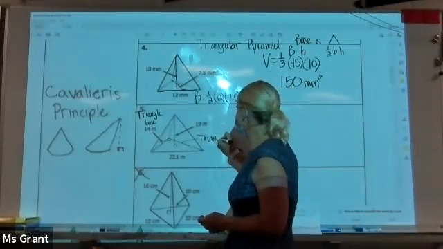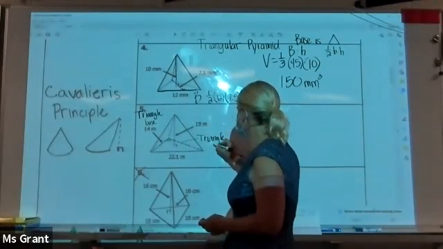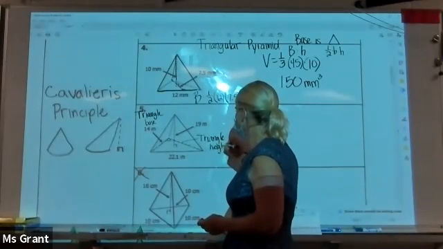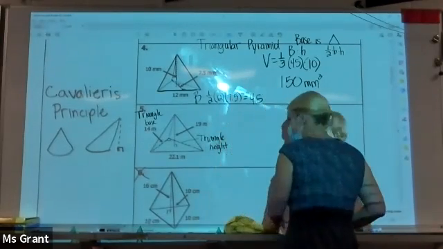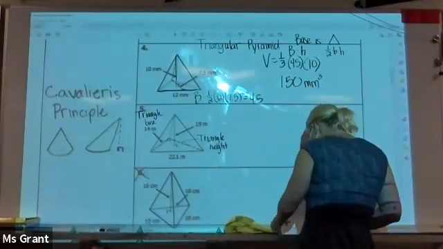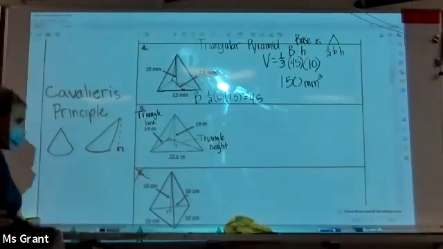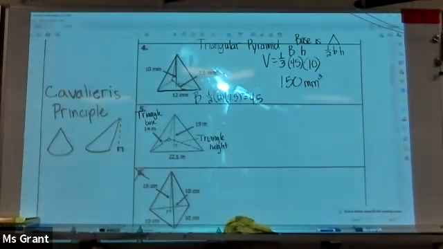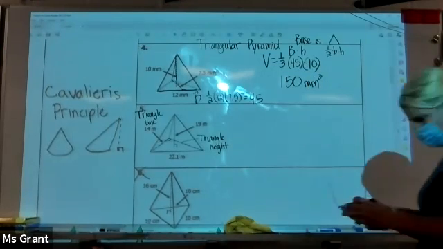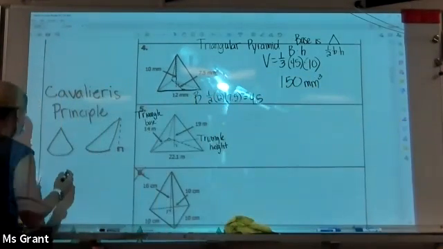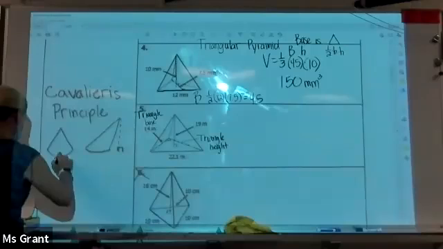Now I'm filling in some info here. One thing I wanted to remind you of that was in yesterday's notes, if I had a cone or a pyramid that somehow had a slant to it, oblique, right? Cavalieri's principle says it has the same volume.